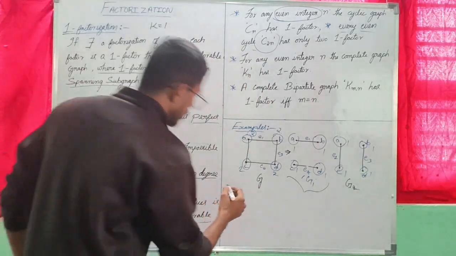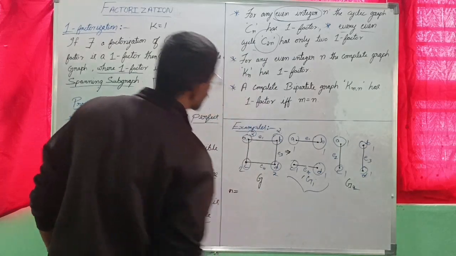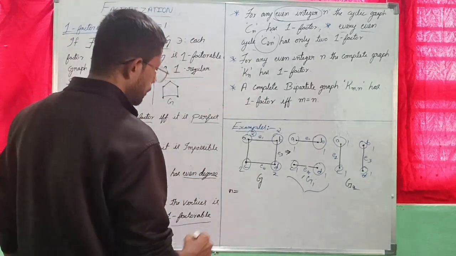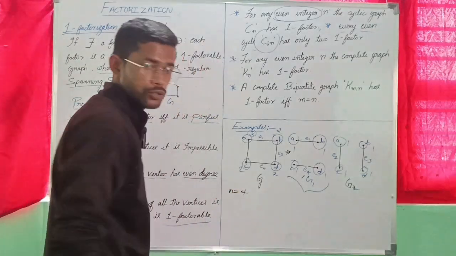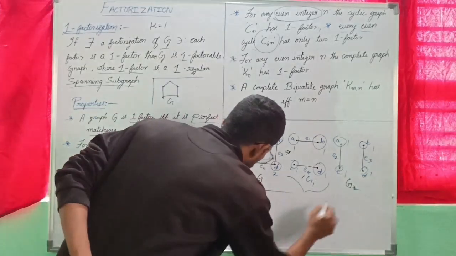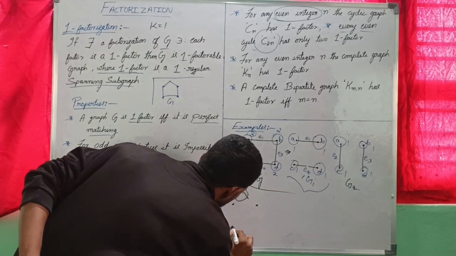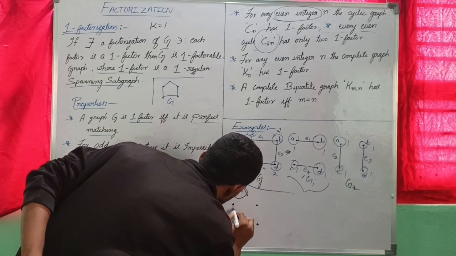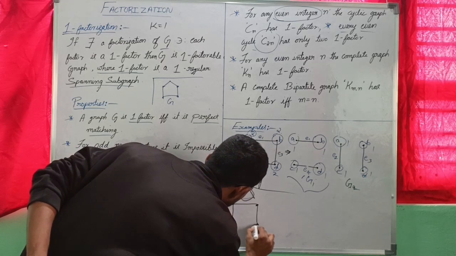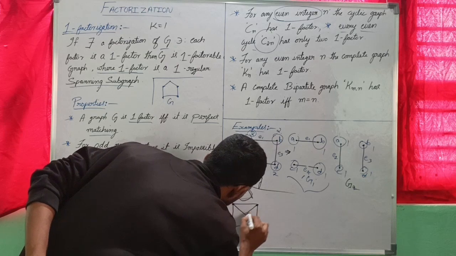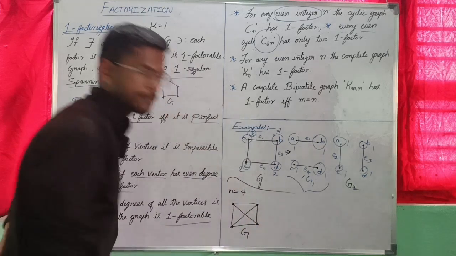Let us take n equals 4. So we get the graph which consists of 4 vertices. The complete graph means we get this graph. Take it as graph G.